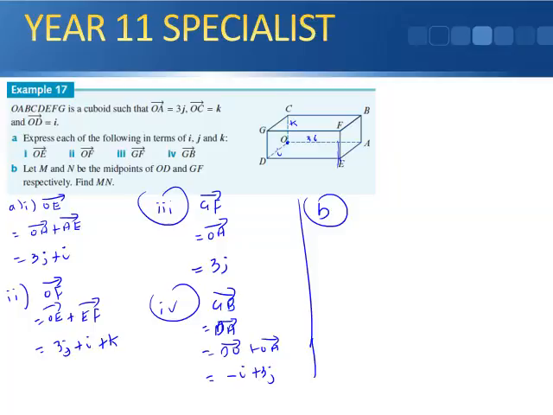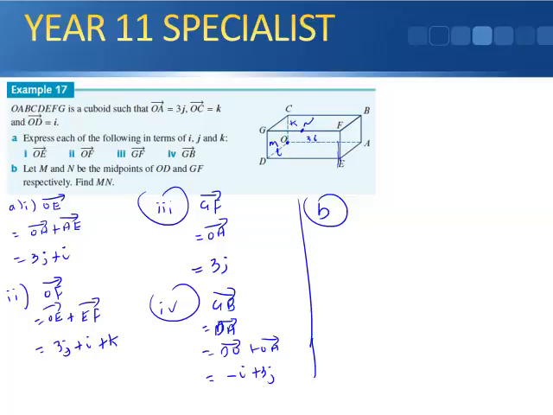B. Let M and N be the midpoints of OD, so O to D, that's M, and GF, G to F, that is N, respectively. Find MN.